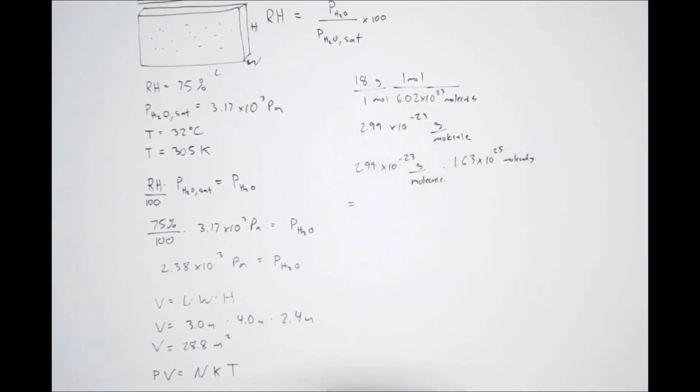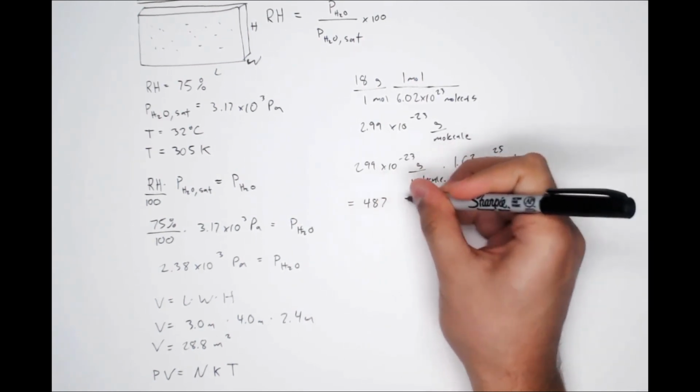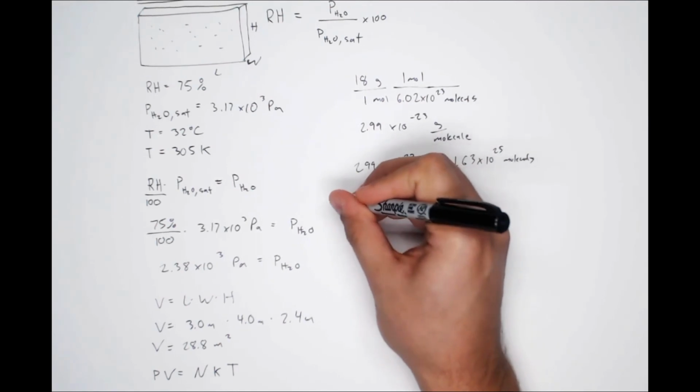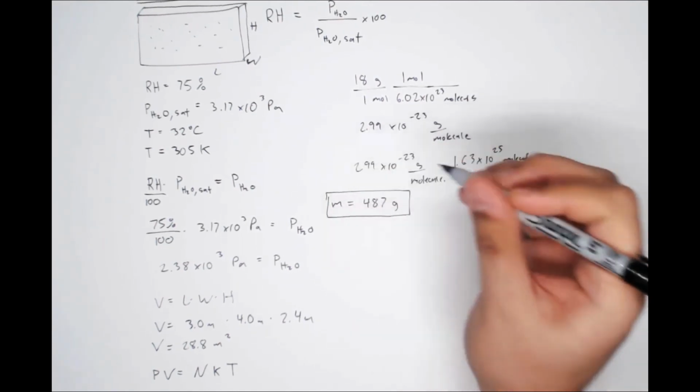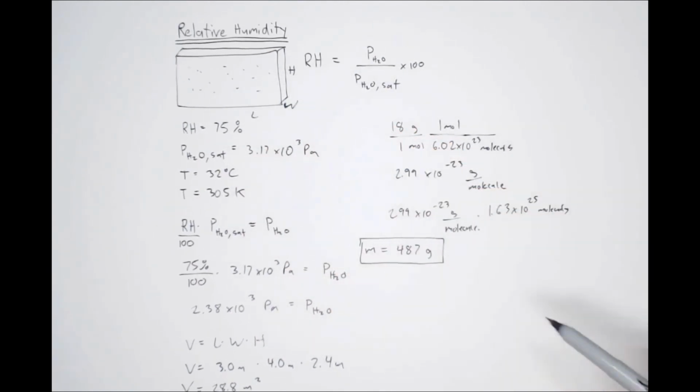And that will come out to be about 487 grams. So 487 grams, almost half of a kilogram of water is actually dissolved in a room of this size when you're at 75% relative humidity.